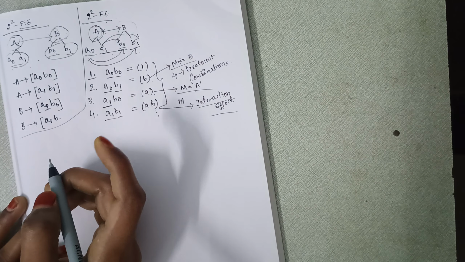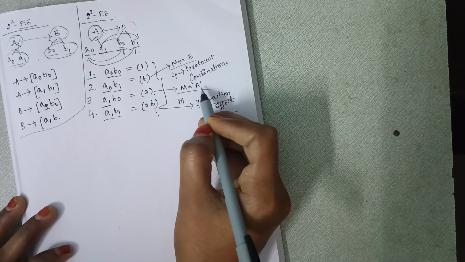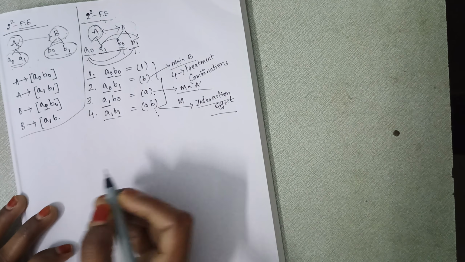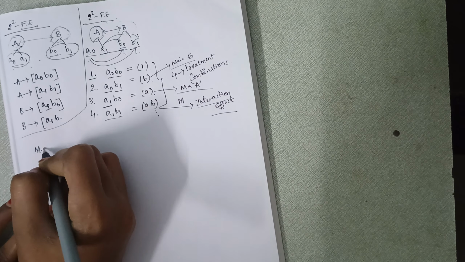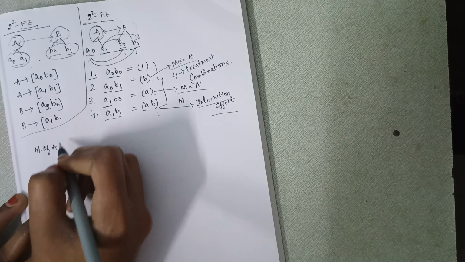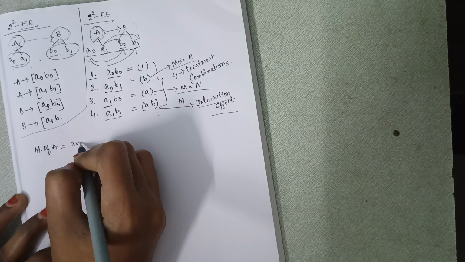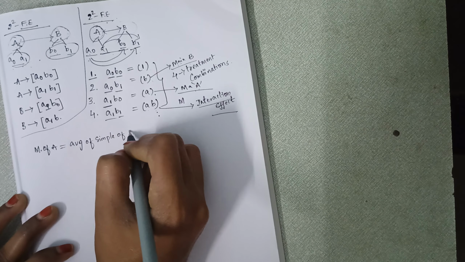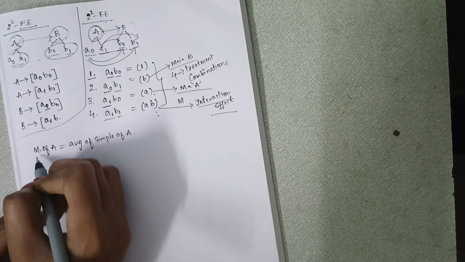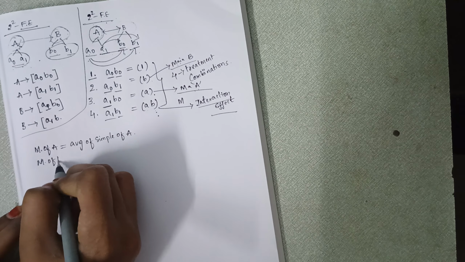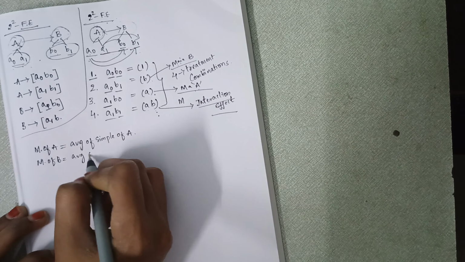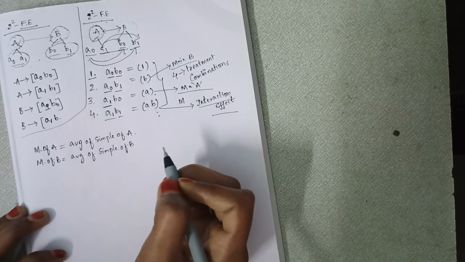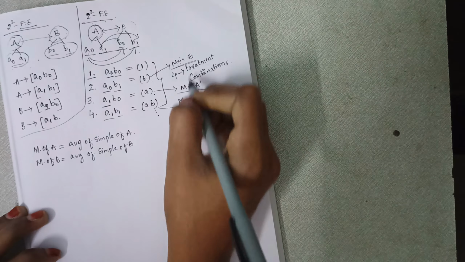So first, to find out the main effect of A or main effect of B, first we need to find out the simple events. Main effect of A is equal to the average of simple events of A, and the main effect of B is equal to the average of simple events of B, and the main effect is completed.